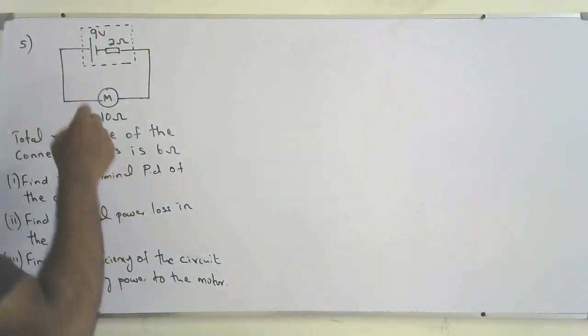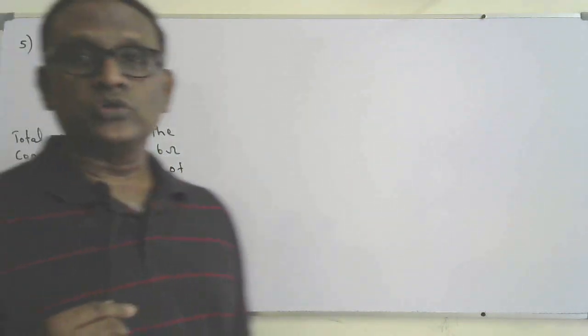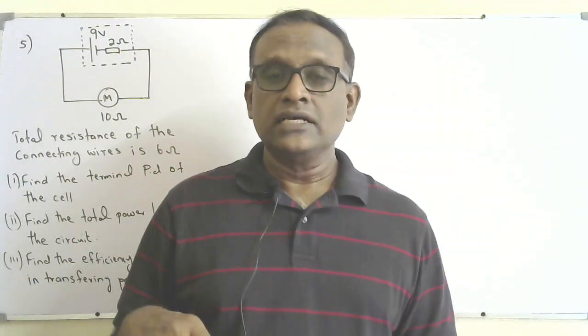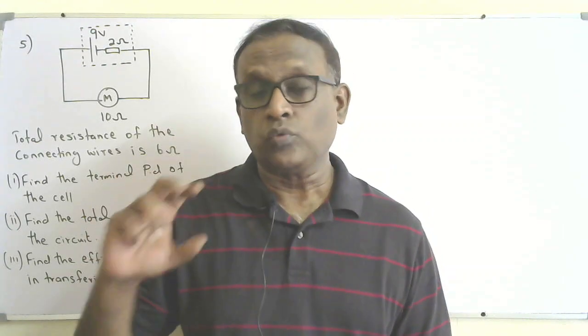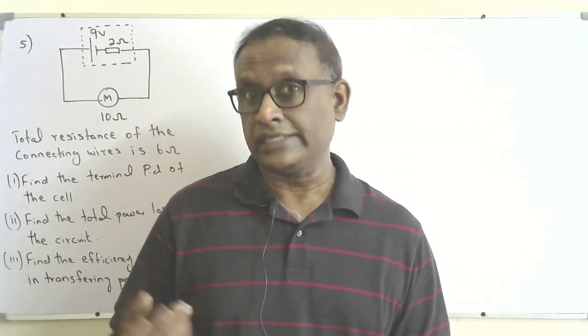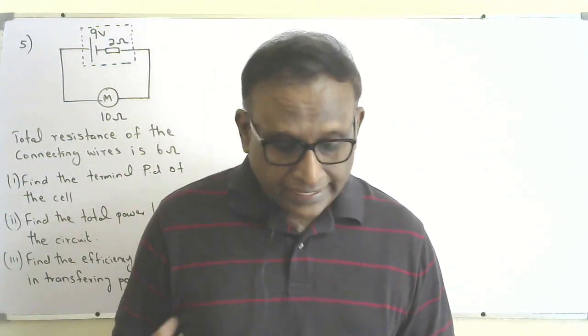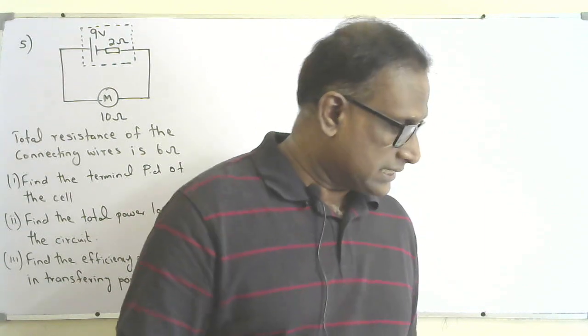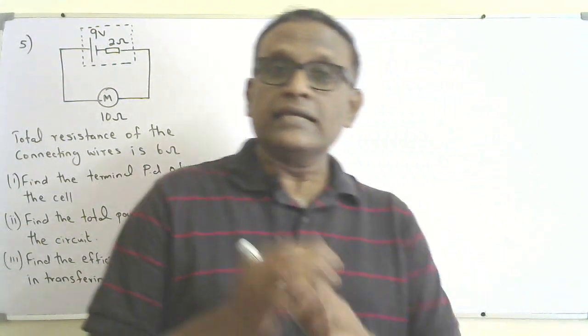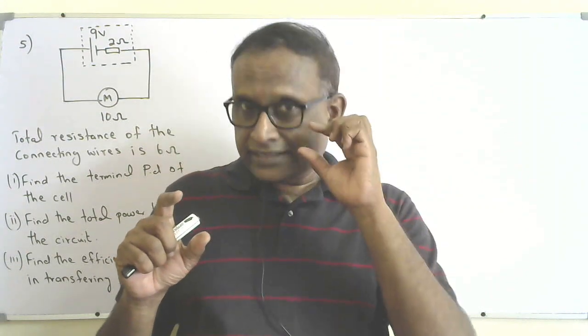The current which is flowing through the cell and motor will also flow through all parts of the wires. So the total resistance of the wire is in series with the resistance of the motor as well as the internal resistance of the cell. So I can redraw the same circuit by showing the total resistance of the wires as a resistor.